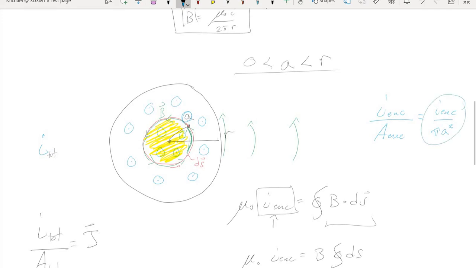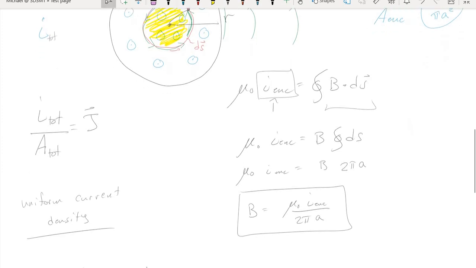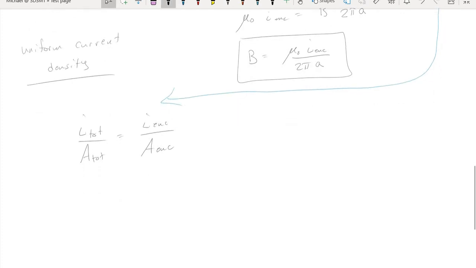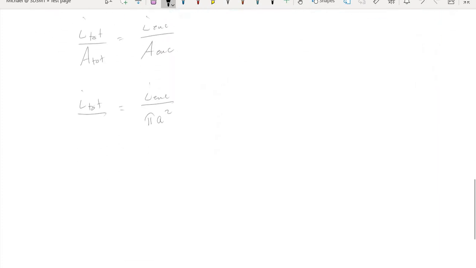That has to be equal to the same ratio as what we have down here. The total current is passing through a total cross-sectional area of radius r, so pi r squared.